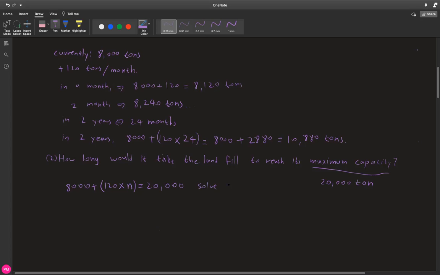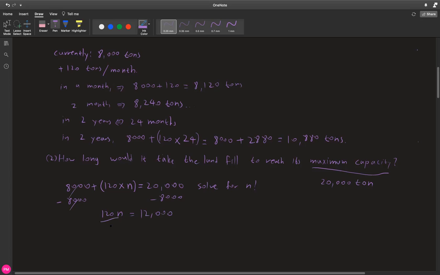To do that, you subtract 8,000 on each side. So that is 120n on the left side because the 8,000s cancel out, and on the right-hand side you get 12,000.